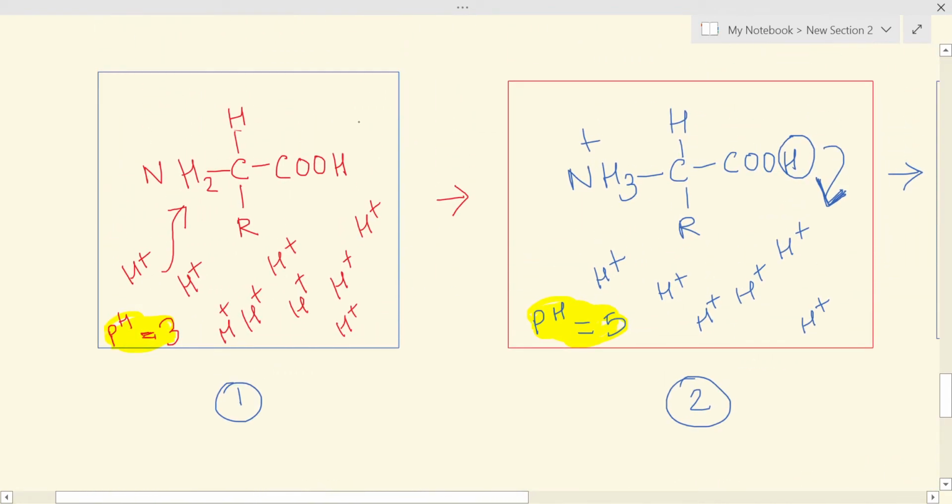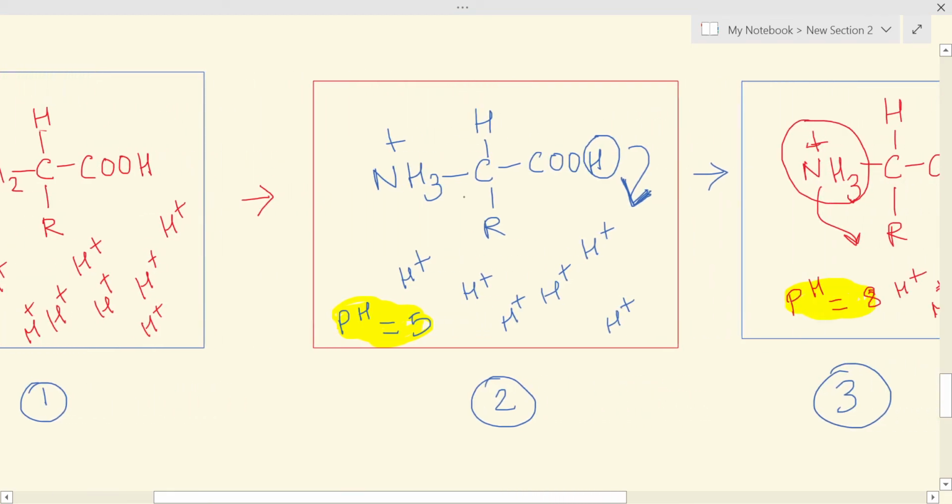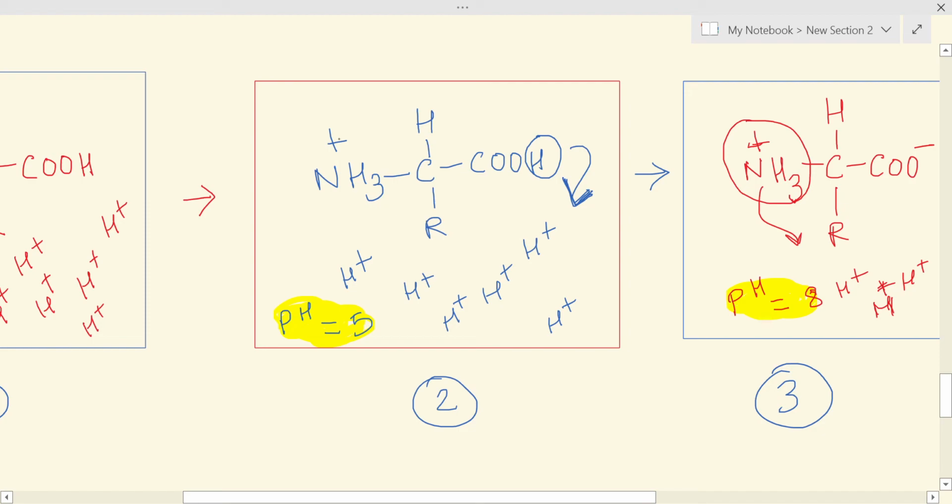So this NH2 group will take the hydrogen ion, and this will become NH3 plus. Very simple. Now I have raised the pH from 3 to 5. Now there will be a lesser concentration of hydrogen ion in the medium.